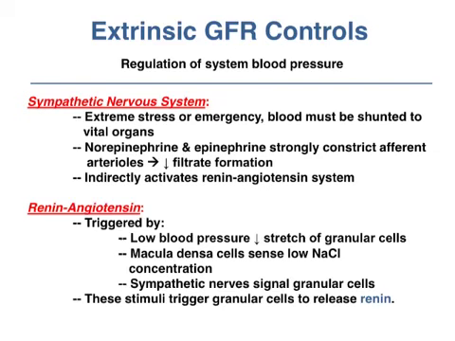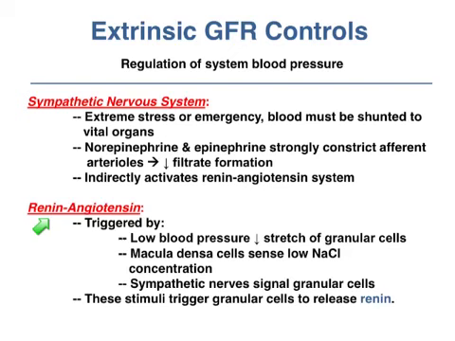Now for the extrinsic GFR controls, working to maintain systemic blood pressure. We have the sympathetic nervous system and we have the renin-angiotensin pathway. So the sympathetic nervous system, remember that's your fight or flight response. It's stimulated by extreme stress or emergency. It's also stimulated by acute blood loss.